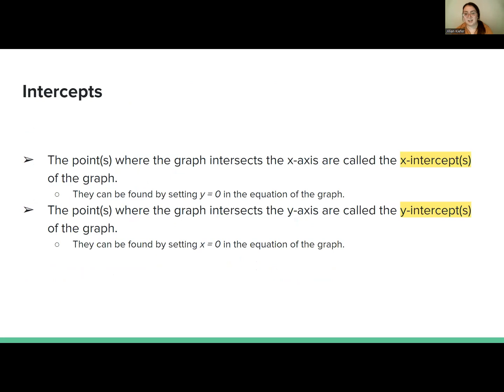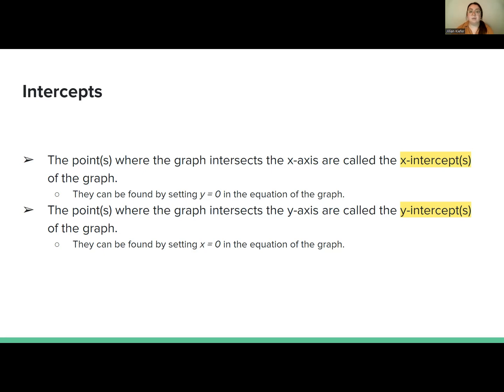Now that we've stated that, we can get into some specifics about graphs of equations. First one being intercepts. The intercepts are points where your graph or your equation will intersect an axis. An x-intercept is the point where the graph intersects the x-axis.